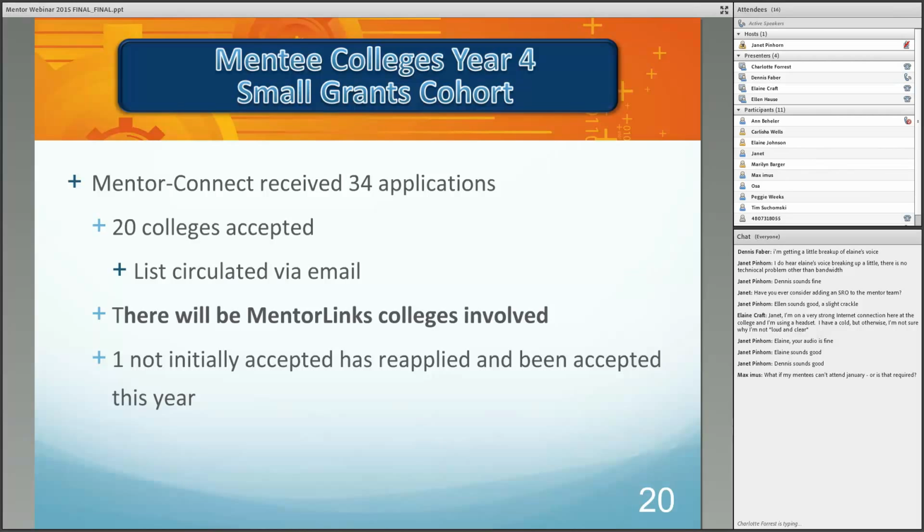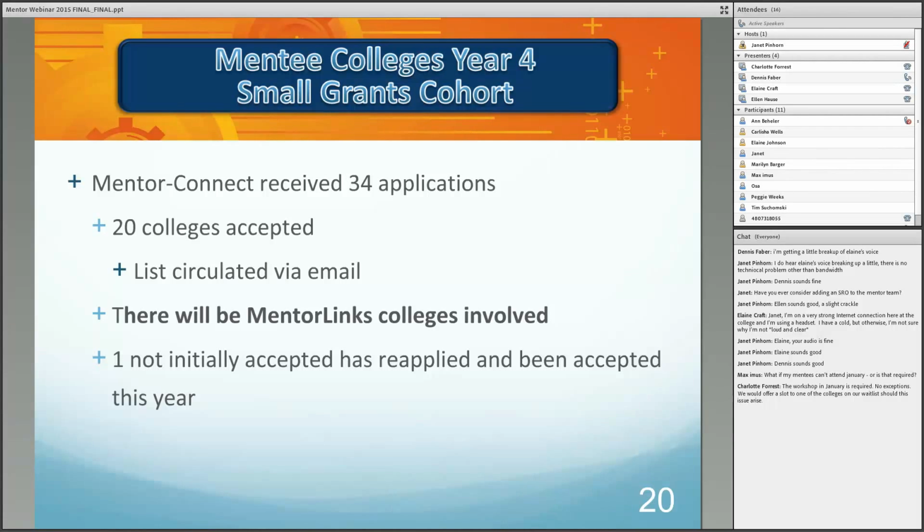We have talked with that particular college and actually disinvited them from participation and added the next college up to the cohort. There will be MentorLinks colleges involved. There are 2 of them, but not from the immediate past. These are MentorLinks colleges that participated in the MentorLinks program from about 4 or 5 years ago.